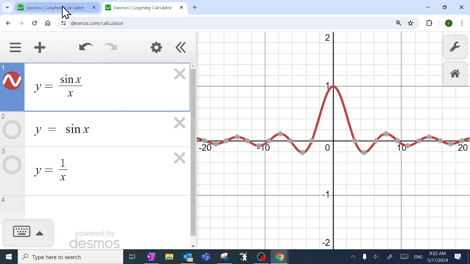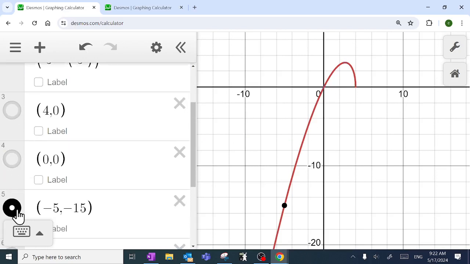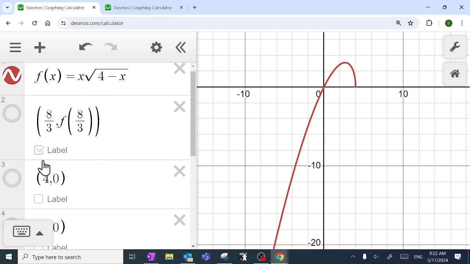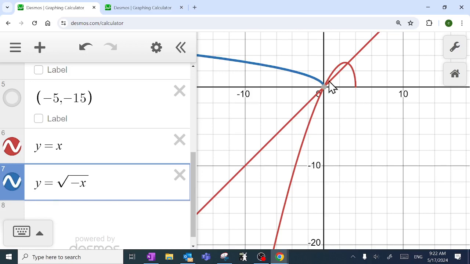So when I'm looking at this one, I actually am kind of in my head thinking, let me get these points out of the way. I'm kind of thinking in my head, this thing is a y equals x, which is linear, and it's the square root of negative x, which is a curve like a half a parabola that goes that way. So this graph here kind of melds those characteristics together.